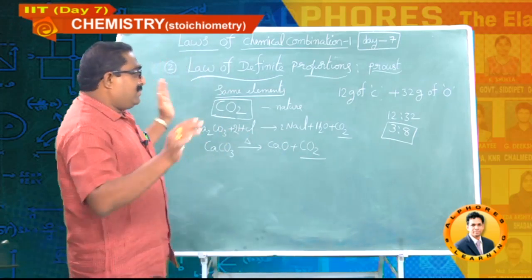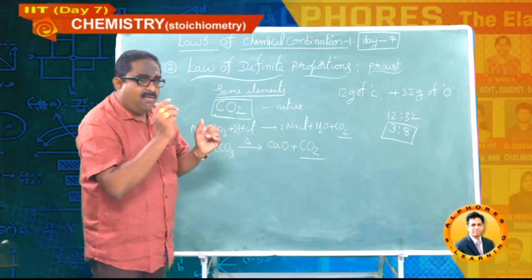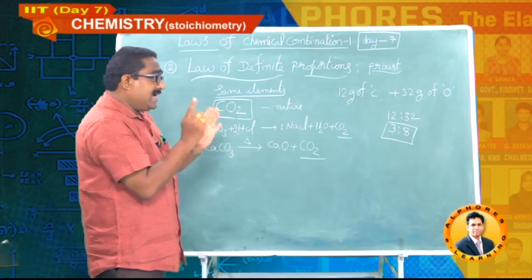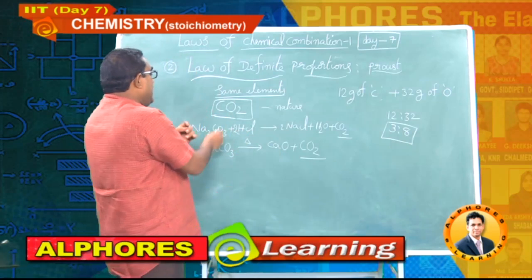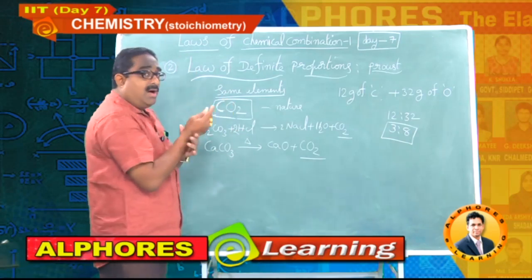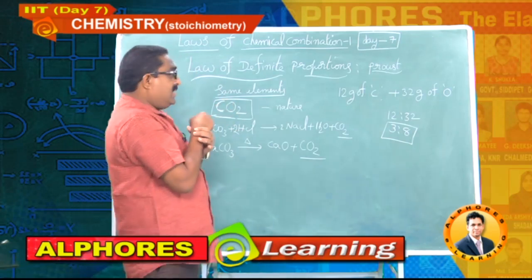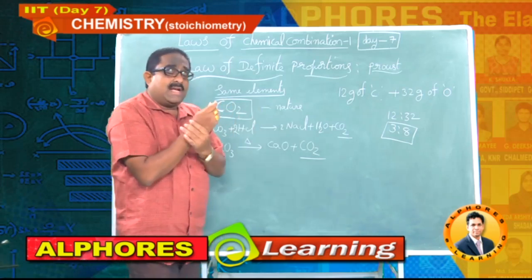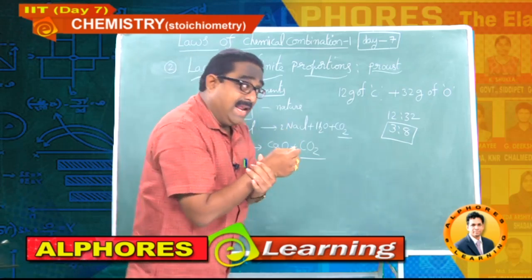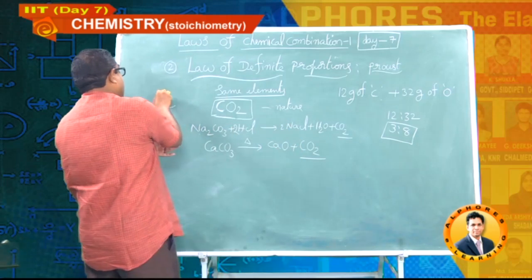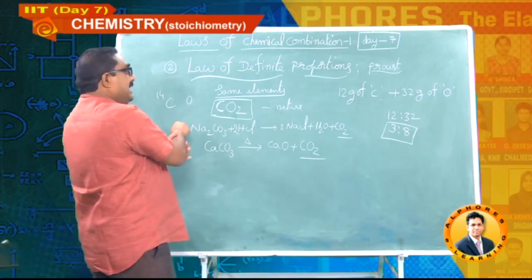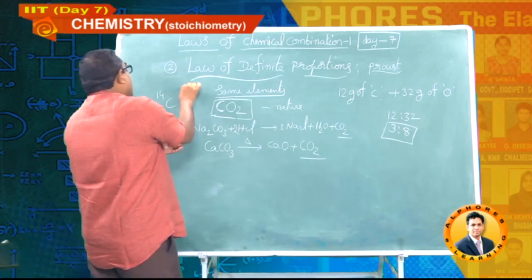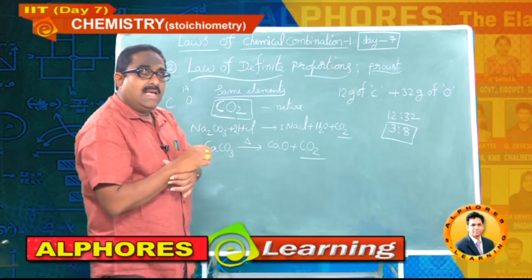And here some of you may have one doubt: sir, you simply took carbon as 12 and oxygen as 16. Carbon has another isotope, C14. Oxygen has another isotope, say O17.